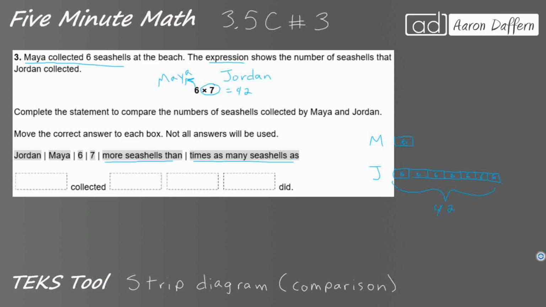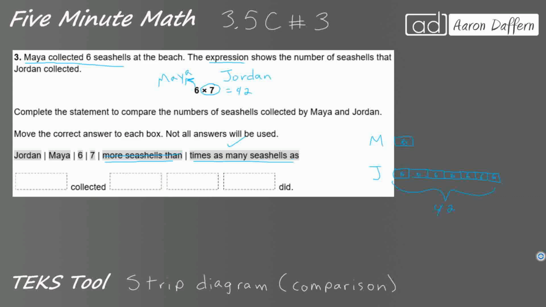So we're not dealing with more seashells. We're dealing with this multiplication means times as many. So we need to think about who collected times as many seashells as somebody else did. So who collected more seashells?